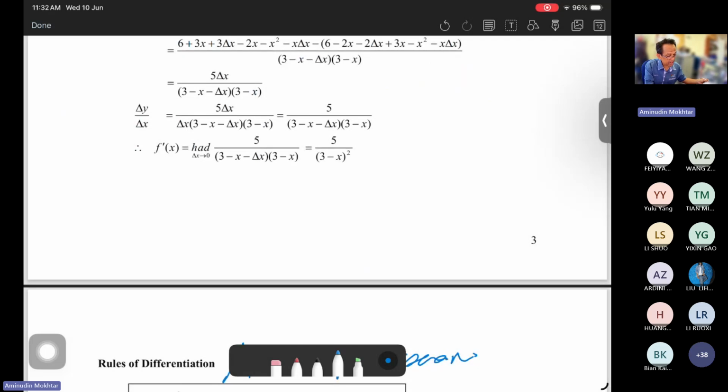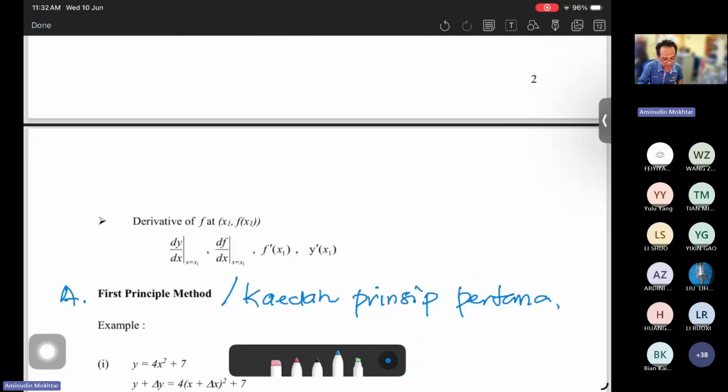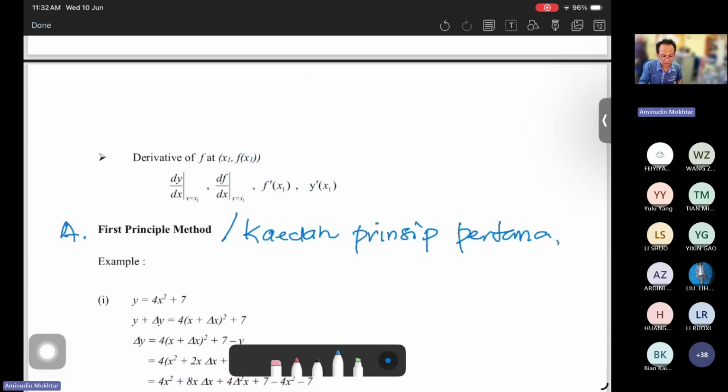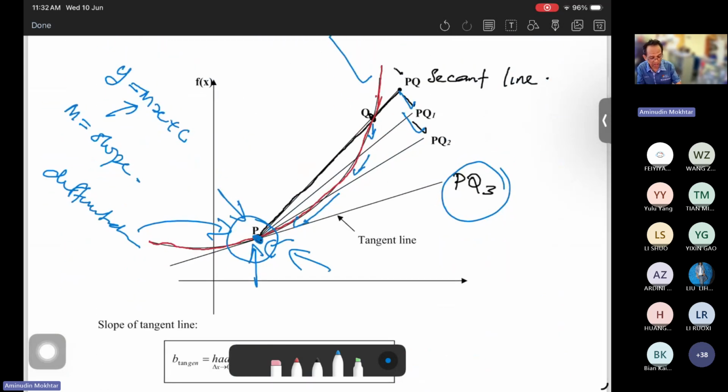I will explain this concept, whether it is the first principle method or the rule of differentiation. Basically, we are going to explain this point. How to find this point?